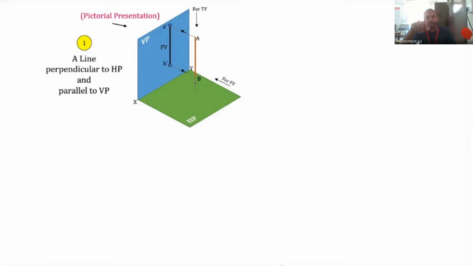So it will be passing through the point B also, and we will get only a single point as the point of projection, or the top view of AB.